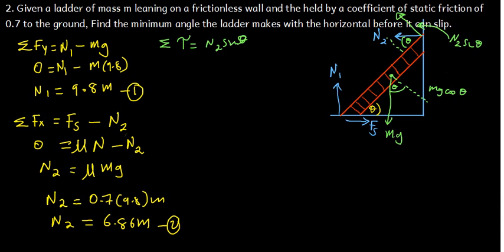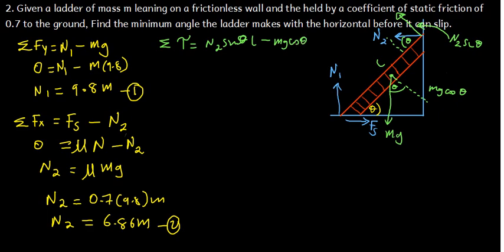We don't know the length of the ladder, so let's just call it L. So we're going to multiply this by L, and then minus what will cause rotation in the opposite direction. We only have this, and that will be the component of mg that is making 90 degrees to the surface. So that is mg cos theta.